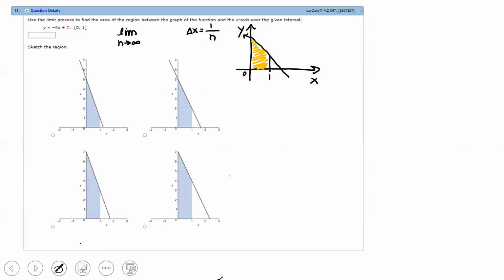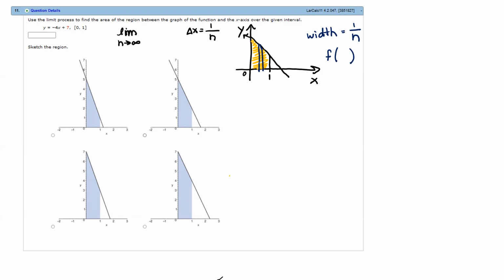Let's go ahead and examine some things. I'm going to make a rectangle. The width of this rectangle is going to be that delta x, that 1 over n. The height is going to be the corresponding f value, the function value evaluated at wherever our line is.